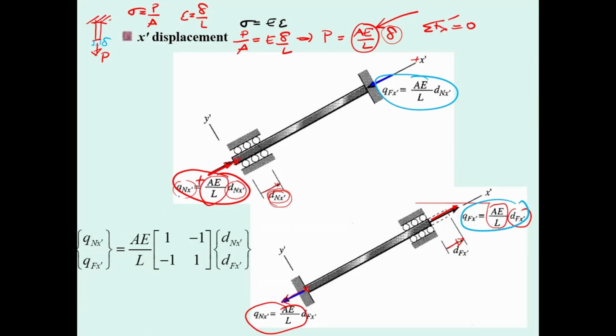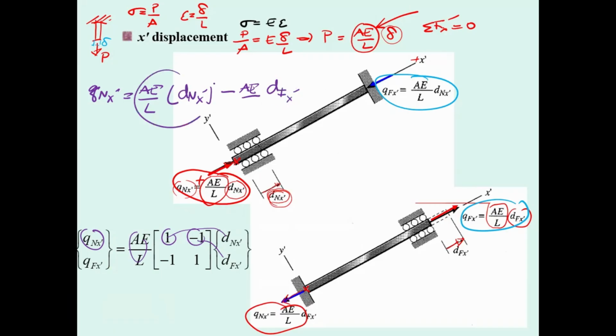Okay, for example, if you look at Q sub n x prime, this is going to be equal to AE over L times what? This one times D sub n x prime, and then minus this term, AE over L, D sub F x prime.